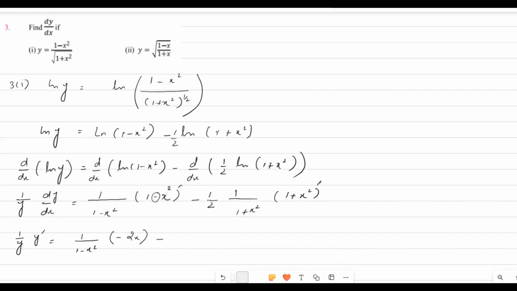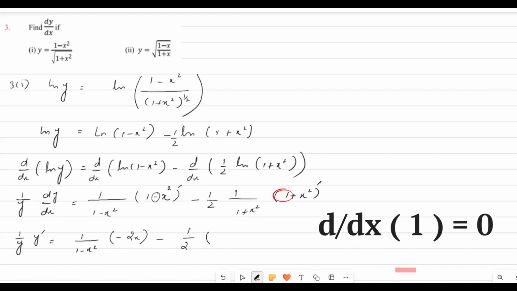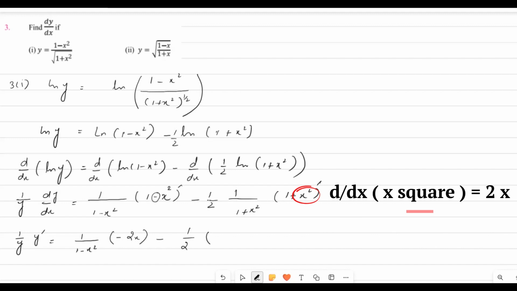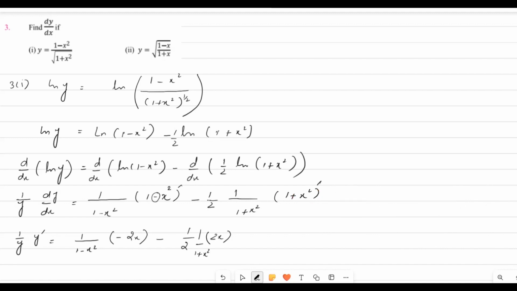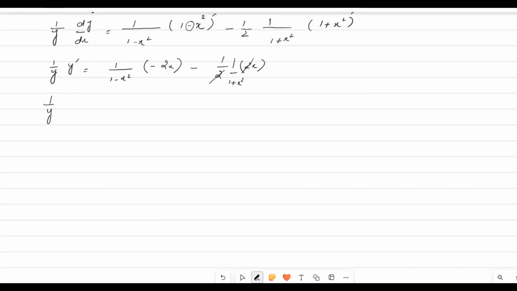Minus 1 upon 2, and similarly the derivative of 1 will be 0, and the derivative of x square is 2x, and this 2 is cancelled with 2. So 1 upon y into y derivative is equal to minus x, taken as common.